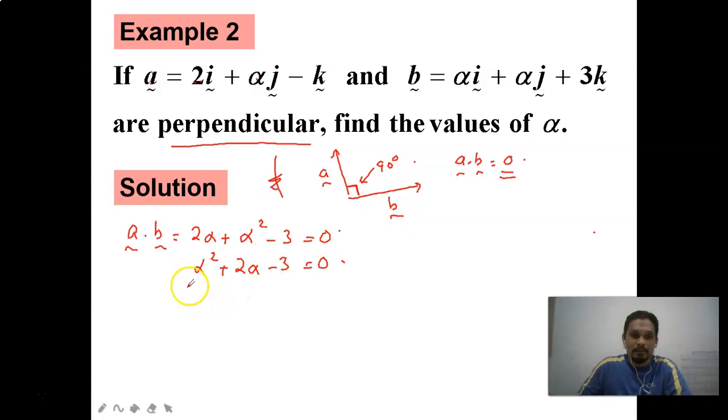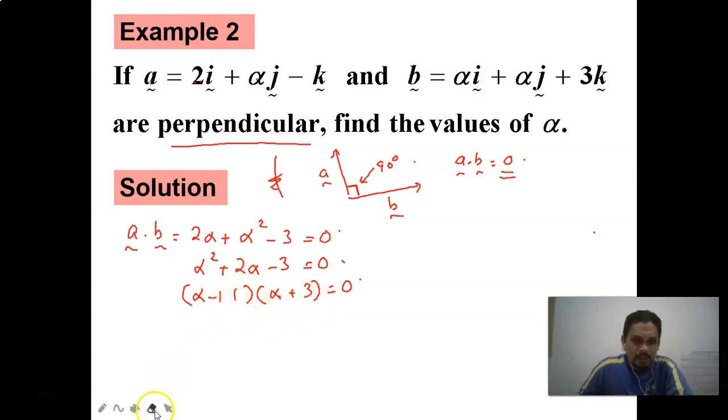So then, factorize this. You get alpha and alpha. The product of the roots is negative 3, so it's between 1 and 3, and the difference is positive 2, so I think it is plus 3 and minus 1. Alpha times alpha is alpha squared, alpha times 3 is 3 alpha, minus 1 alpha equals 2 alpha, and then negative 1 times 3 equals negative 3.